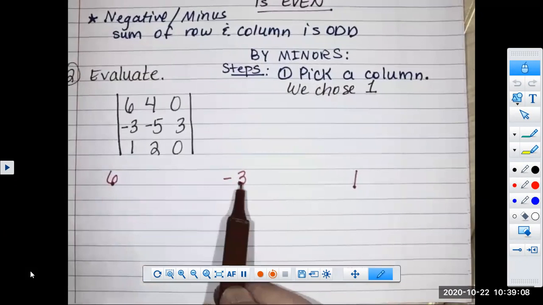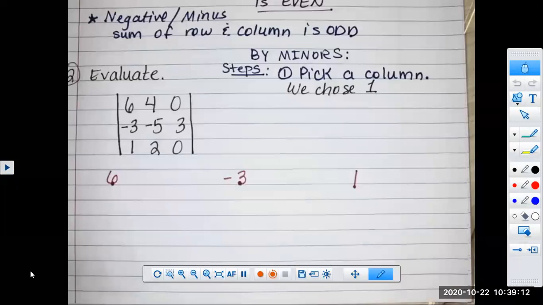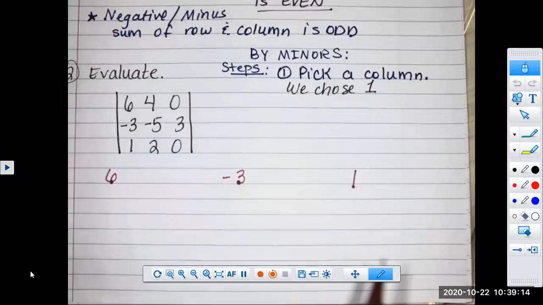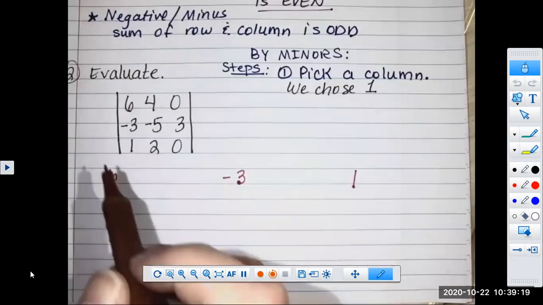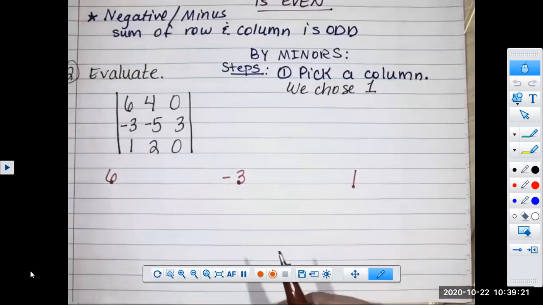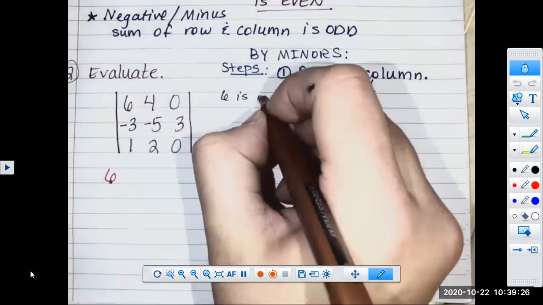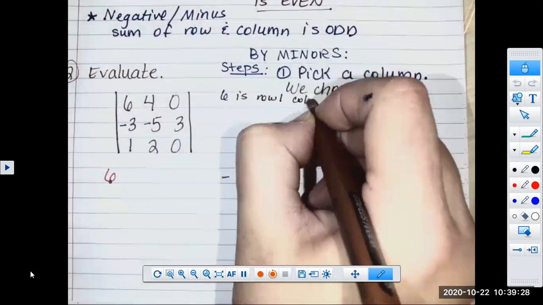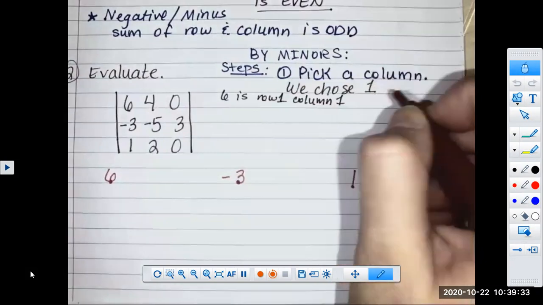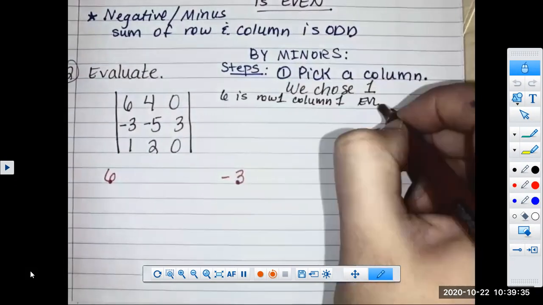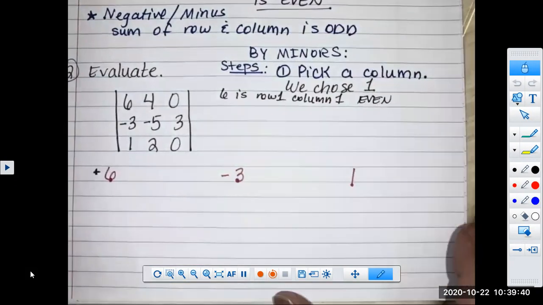I have to figure out, is this plus -3 or minus? And the same thing on the end. And the way you determine that, look at what column and row 6 is in. 6 is in row 1, column 1. So that is even when you add that together. So it stays positive.